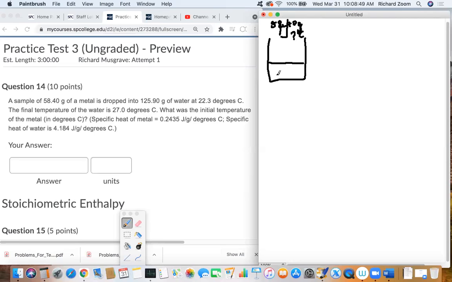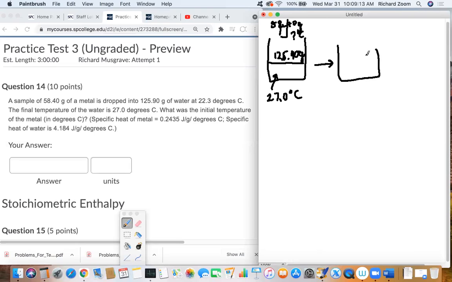And it's dropped into water, which is at 27.0 degrees. And we have a mass, 125.90 grams. And I think that's all the information we have. All right.